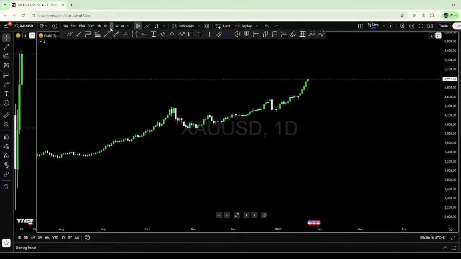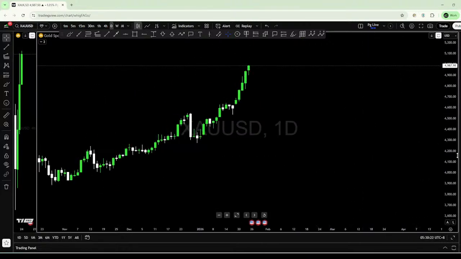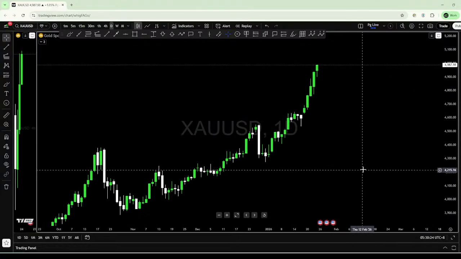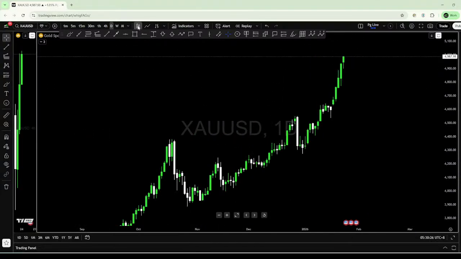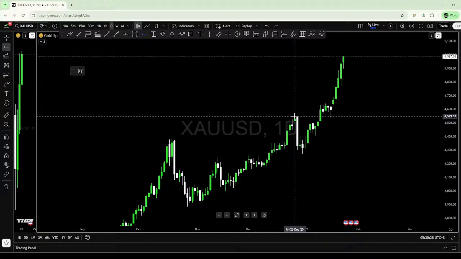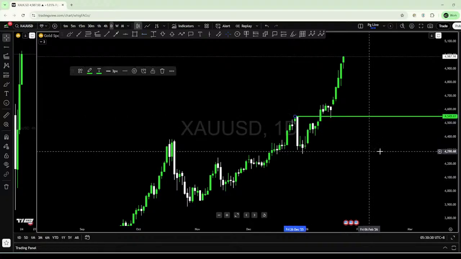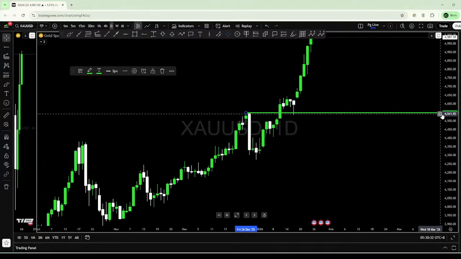Every Monday we still have a gap up. What about this Monday? Very strong. It broke this resistance and it became the support level at 45.50.